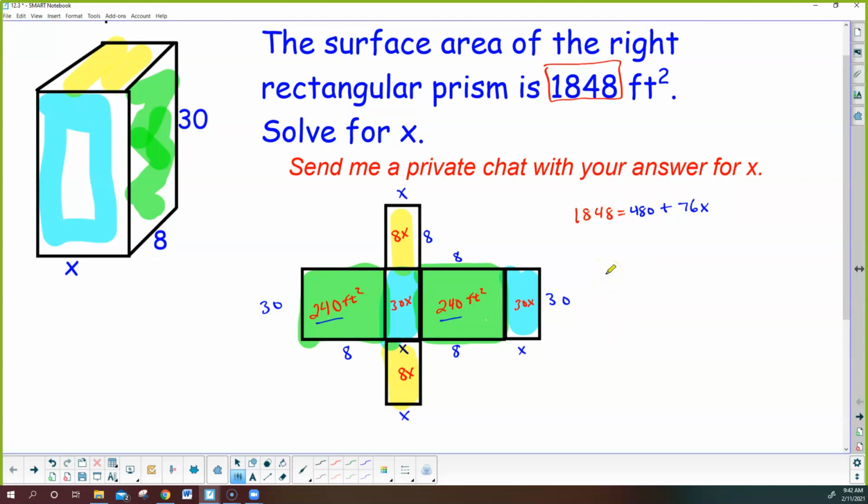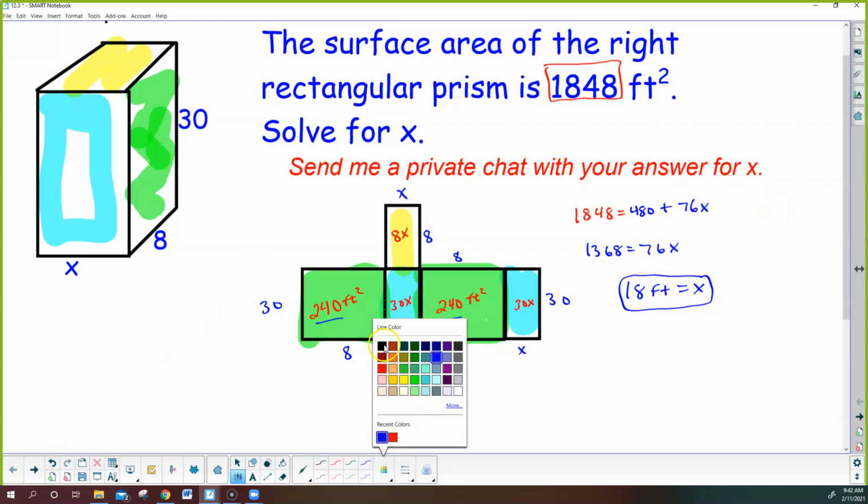So take 1848 and we're going to subtract the 480. And that equals 76 times x, so divide by 76. And we get the missing side length as 18 feet.